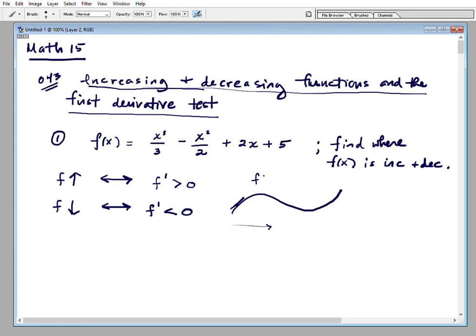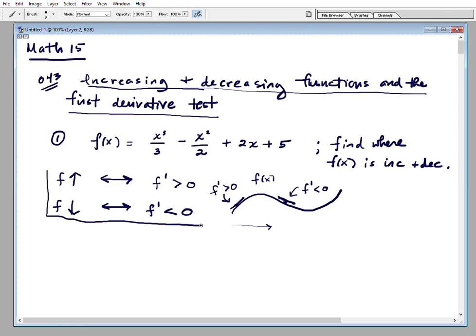Let's say this is f of x. And you see the slope here is a positive slope. So here it's increasing, and we see that the slope is positive. And over here it's decreasing, and we see the slope of the tangent line is negative. So it's sort of intuitive that this should hold.